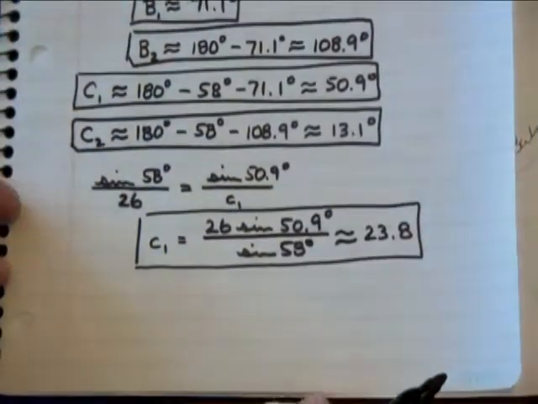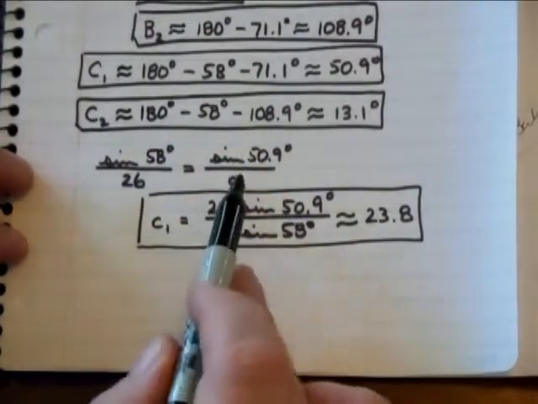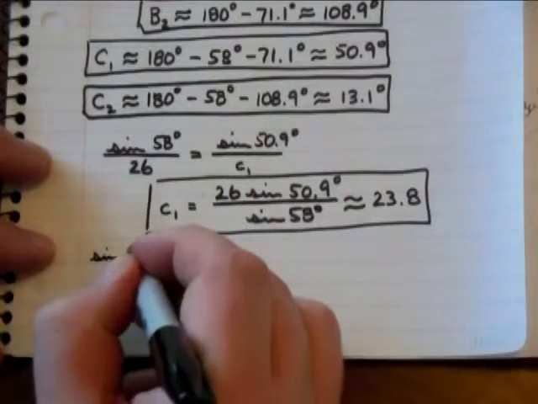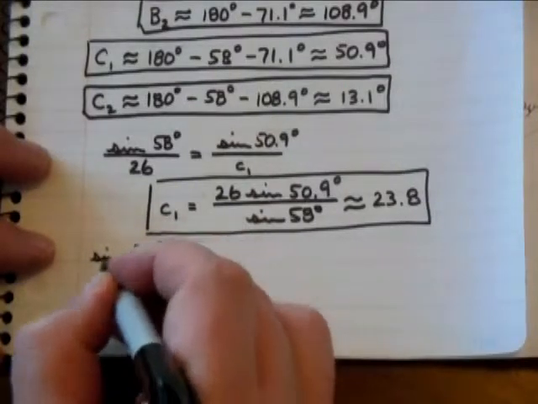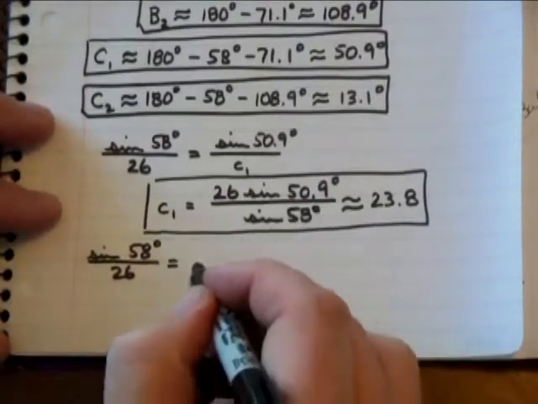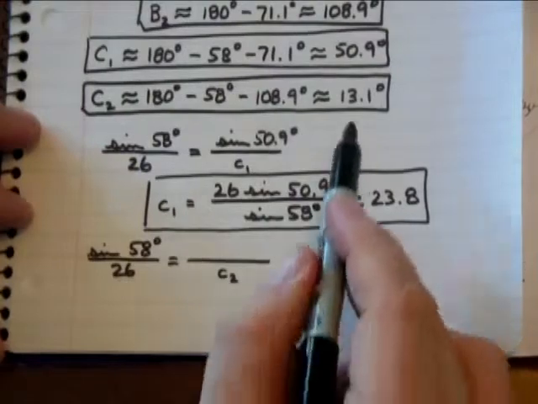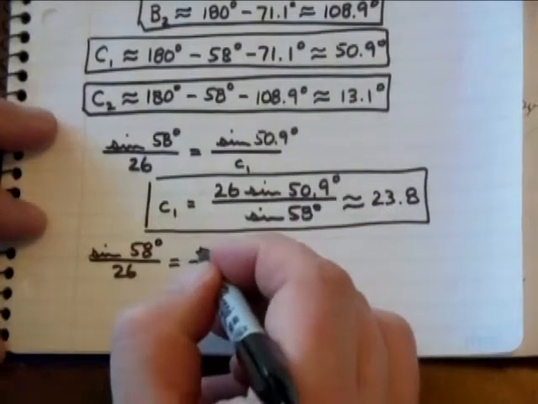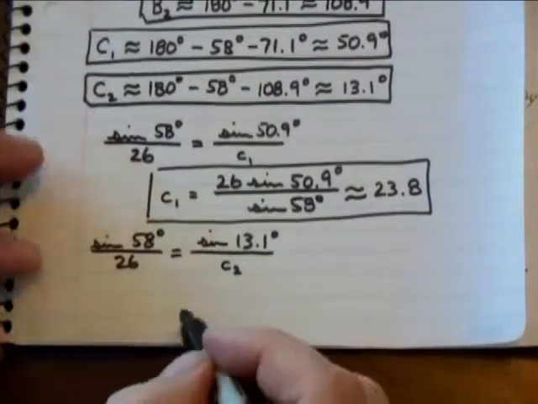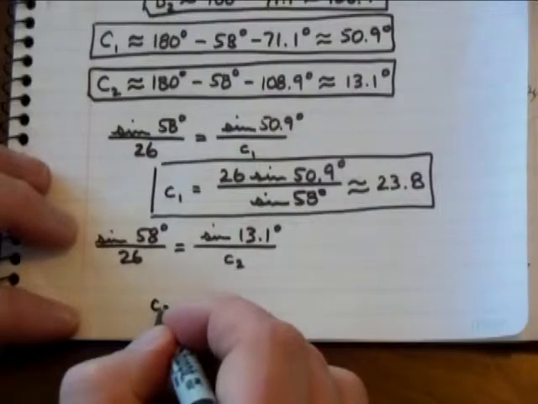But we have two triangles here that are possible solutions, so I have to do this same sort of setup in order to find side C2. So once again, let's use angle A and side A, since that was part of our given information. And now we want to figure out what side C2 will be equal to. So we use what we found for angle C2 in our formula. Then, just like above, we solve for C2.